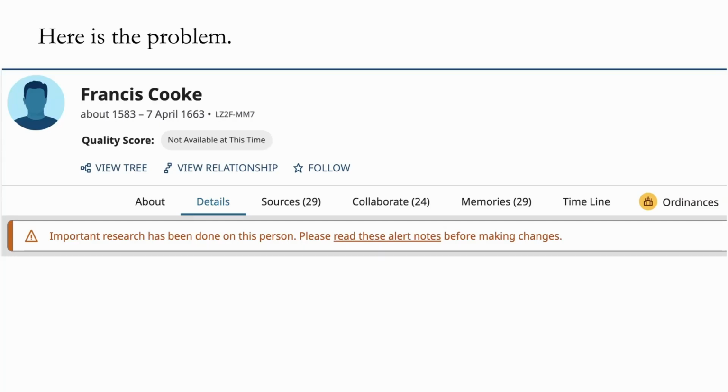So this is the notice that's right here in red, not really red, sort of a reddy red, that says important research has been done on this person. Please read these alert notes before making changes. Okay. And I would guess that what I'm watching, when I see the number of changes going on for these people, is that people are not reading the alert notes before they make the change.